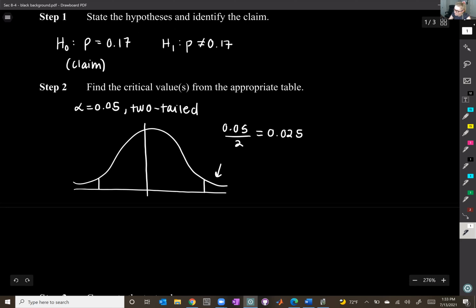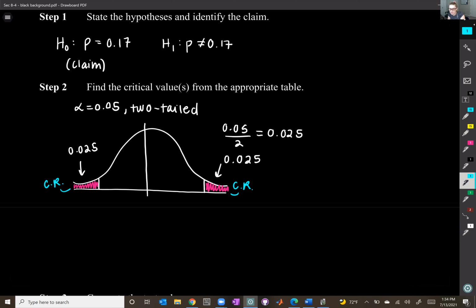So here we want an area of 0.025, and same there. We want to find the critical values, the numbers that are the cutoff between the critical region and the non-critical region. Our critical region is there and also there.